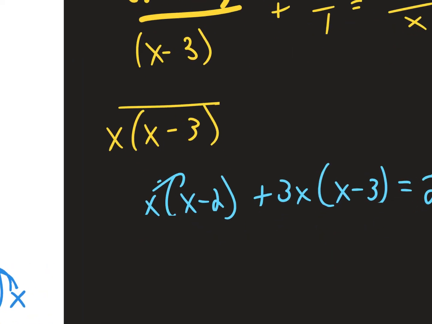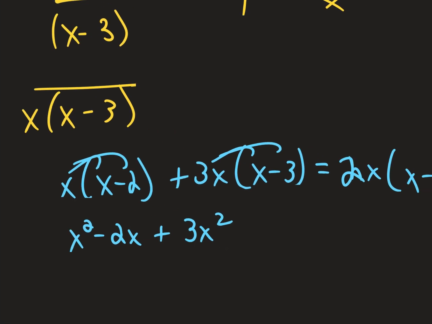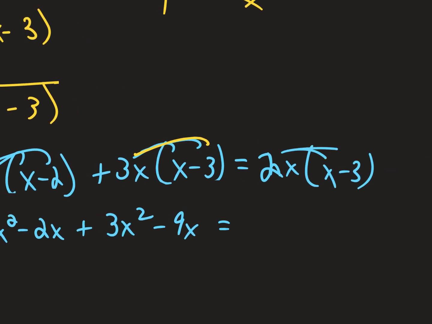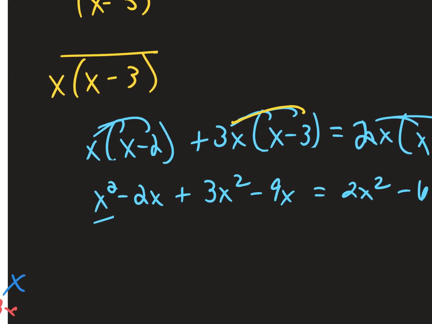So now we'll distribute: x squared minus 2x plus 3x squared, 3x times negative 3 is going to give me minus 9x, equals 2x squared minus 6x. So x squared and 3x squared is 4x squared.